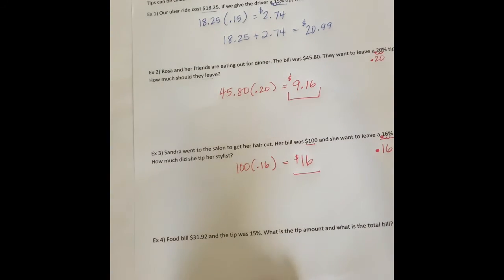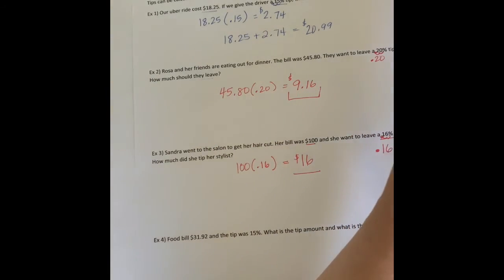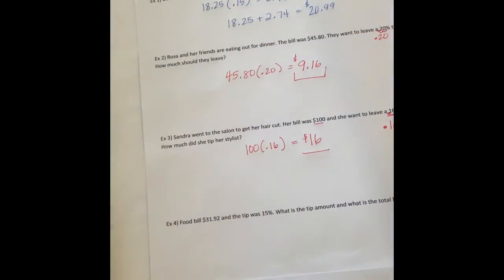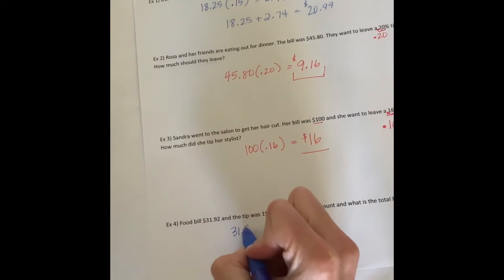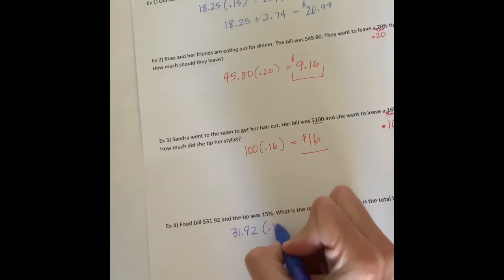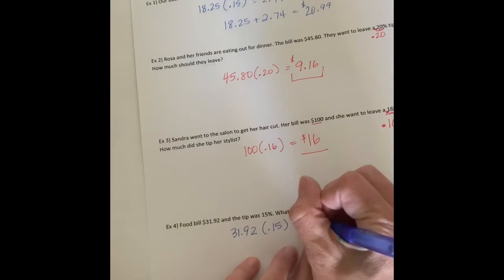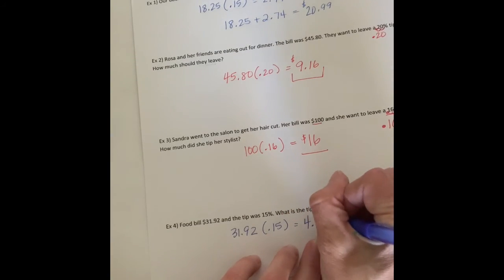It looks like on example 4, we've got a food bill was $31.92. The tip was 15%. What's the tip amount and what's the total bill? So we have to do the adding like we did in the first one. $31.92 times 0.15. That's about, if you round correctly, 4.79.